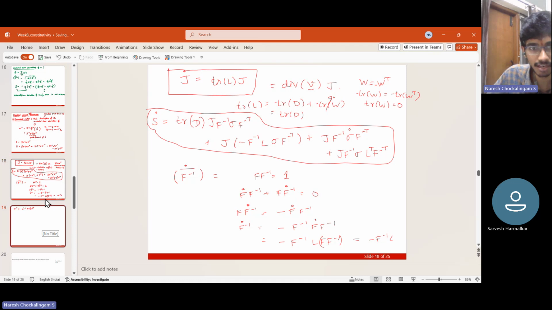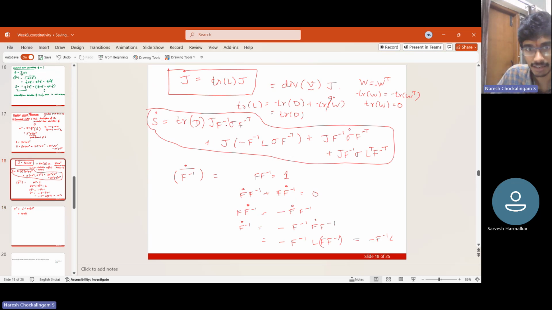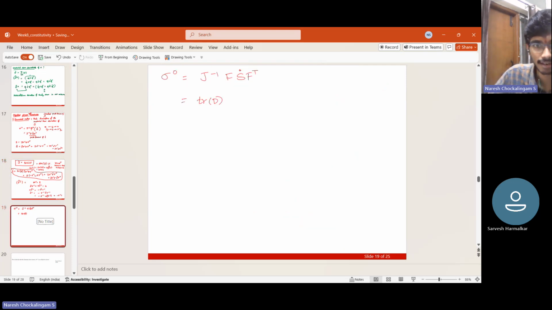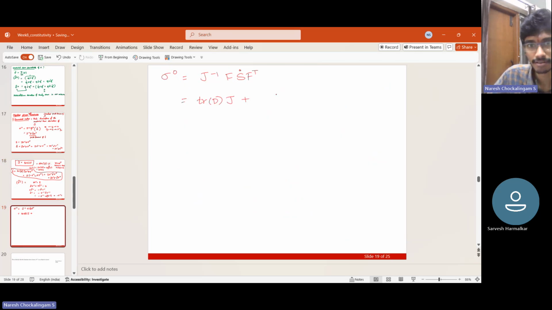So you get trace of D. So sigma dot is equal to trace of D. You have a J inverse. So J inverse and J get cancelled. F cancels with F inverse. F inverse transpose cancels with F transpose. So you get trace of D J plus, what about the second term? J will get cancelled. F inverse, F transpose inverse will get cancelled. You get a minus L sigma.